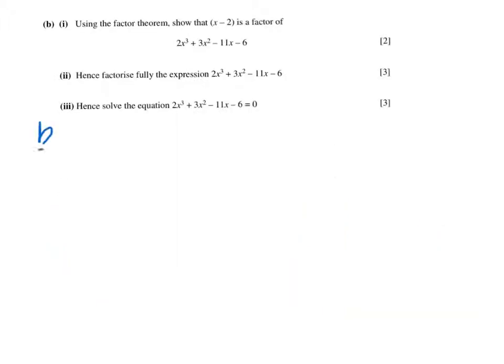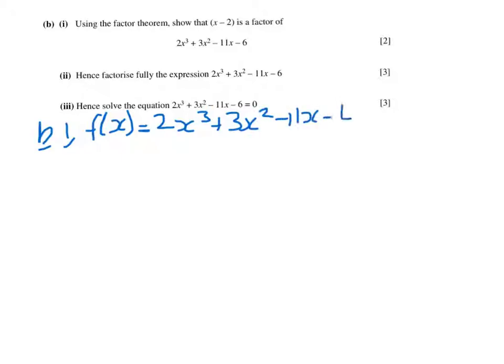Question 2b, part 1. I'm going to start by letting f of x equal 2x cubed plus 3x squared minus 11x minus 6. My divisor is x minus 2, so I put that equal to 0, and I get x equals 2. So I'm going to evaluate f of 2.